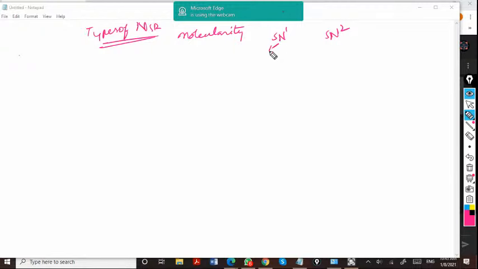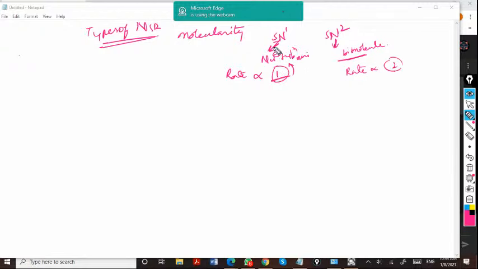Here I will give a realistic view so that you can understand very easily. SN1 means nucleophilic substitution reaction, unimolecular, and SN2 means nucleophilic substitution reaction, bimolecular. If the rate of the reaction depends on one molecule, it is said to be unimolecular. If it depends on two molecules, it is said to be bimolecular.